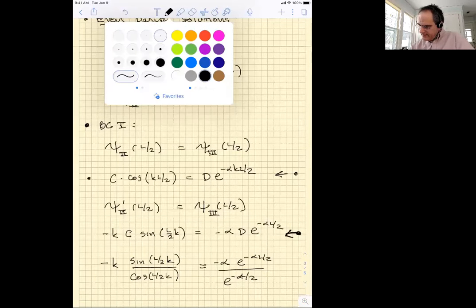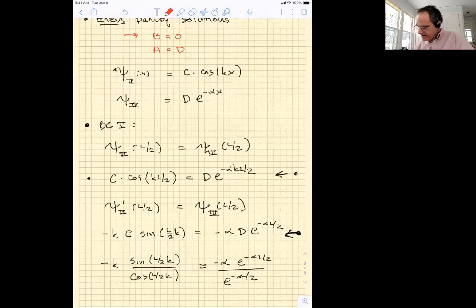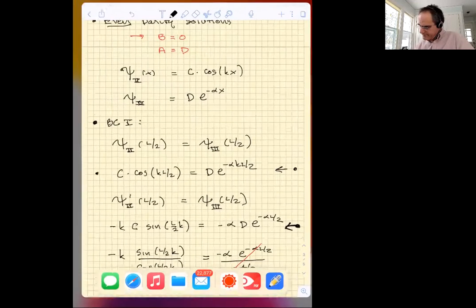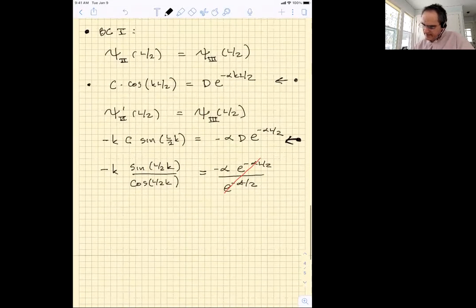And you can see that the function on the right-hand side simplifies. The exponential functions cancel. And the term on the left side can be written more simply as well. Sine over cosine is just tangent. And we have k times tangent of kL over 2 is equal to alpha.